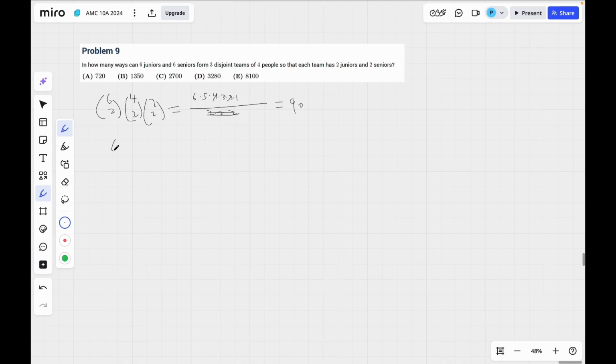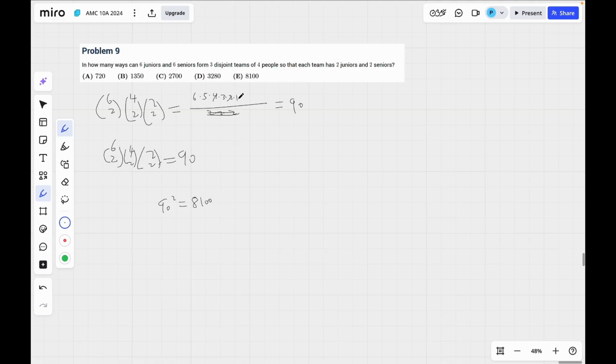Similarly, there are also 6 choose 2, 4 choose 2, and 2 choose 2 ways to pick the seniors for the teams. If we multiply this together, we get 90 squared equals 8,100 ways in total. However, we must divide by the number of rearrangements of the teams.